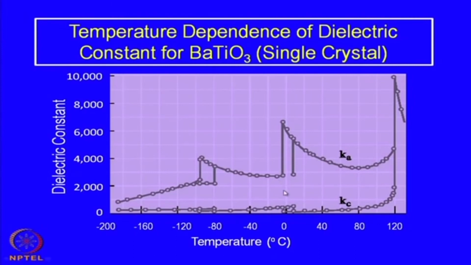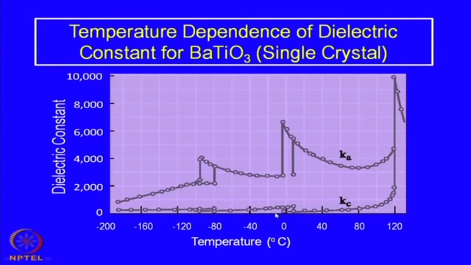So, this is one phase transformation, this is another phase transformation, and there are in fact 3 phase transformations and 4 polymorphs. You will also notice there are other characteristics. This has been taken from a single crystal, not a polycrystalline material. In polycrystalline material we do not get such sharp peaks; they are little blunt peaks.